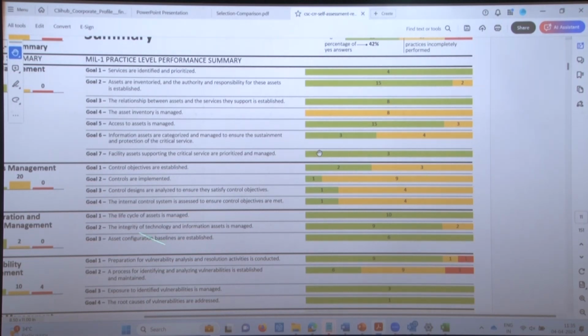Out of 4 goals, none of the goals were fully green at that time, and the majority are incomplete. So this is something that is of concern. In terms of configuration and change management, it seems that the life cycle of assets is managed, and asset configuration baselines are established.